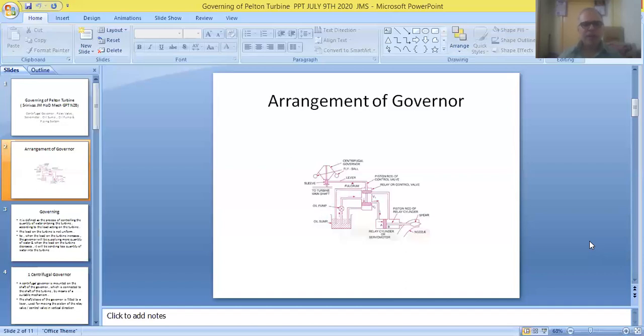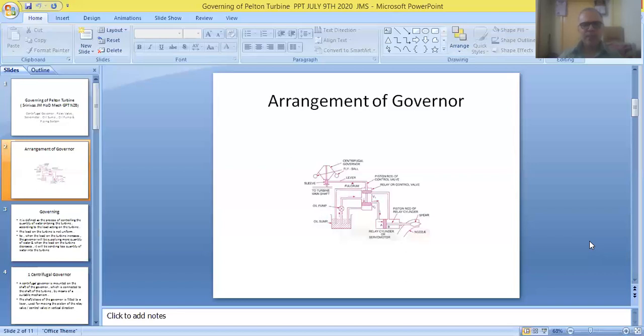And finally, we can see two pipelines fitted on the left hand side of the first cylinder. One pipe is fitted to the top end of the cylinder and another pipe is fitted to the bottom end of the cylinder.